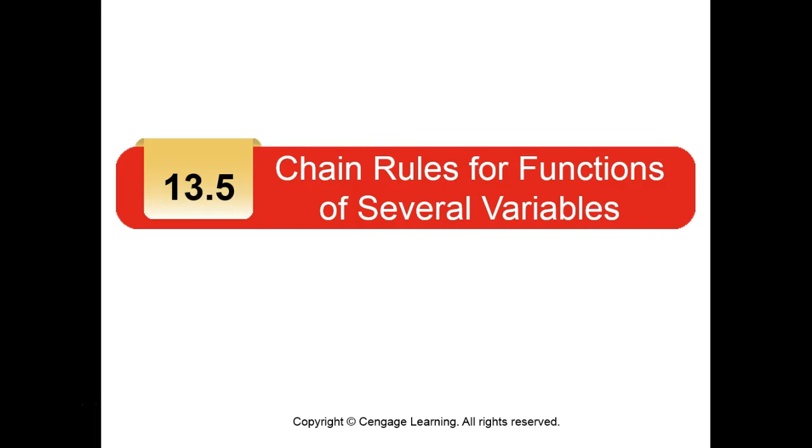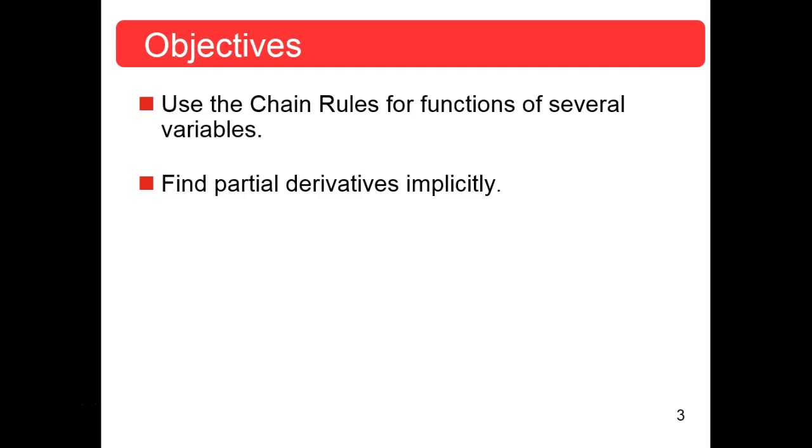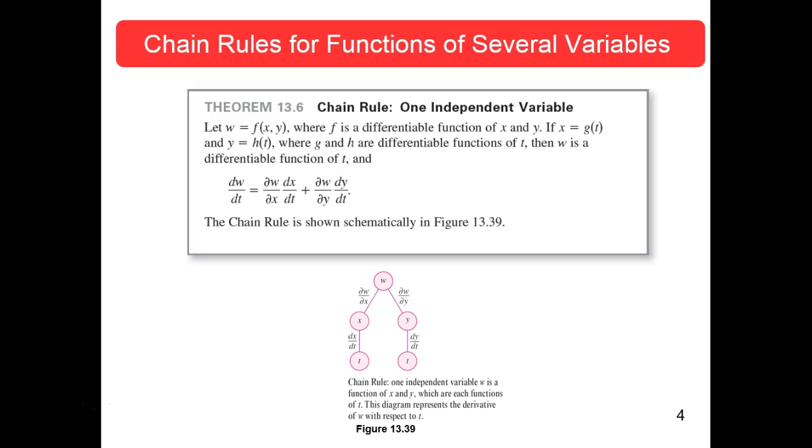Somehow the chain rule, to me, makes pretty good sense. So 13.5 is chain rules for functions of several variables. We'll use the chain rules for functions of several variables, and we'll find partial derivatives implicitly.